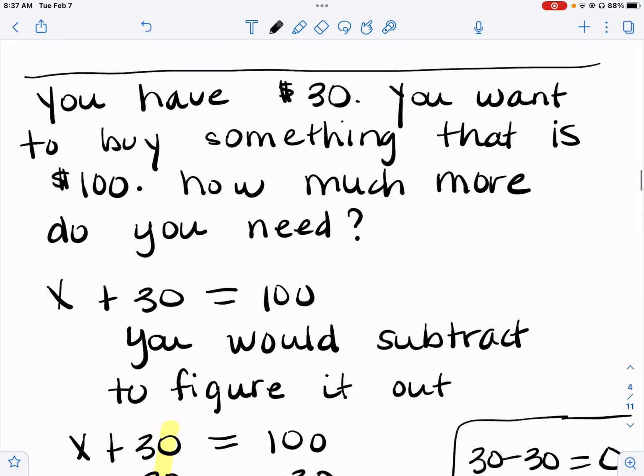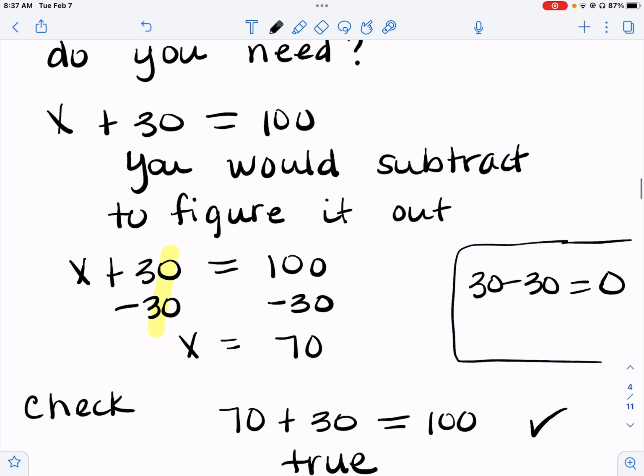Okay, let's say you have $30. You want to buy something that is $100. How much more do you need? Well, we could say x plus 30 equals 100. You would subtract 100 minus 30 to figure out how much is still needed.